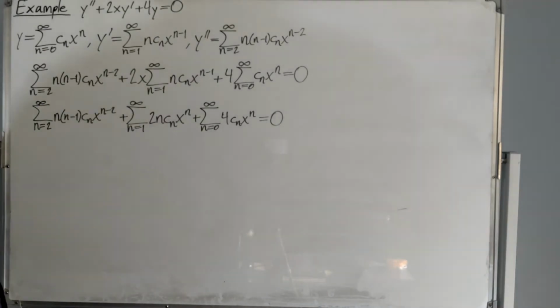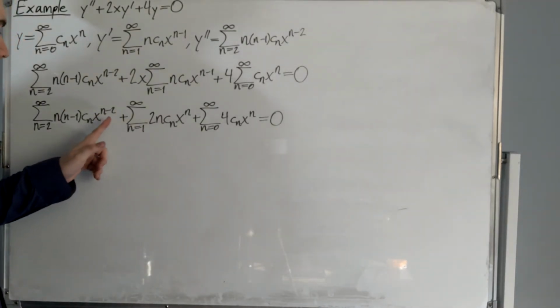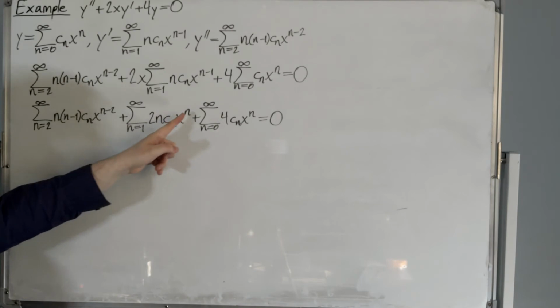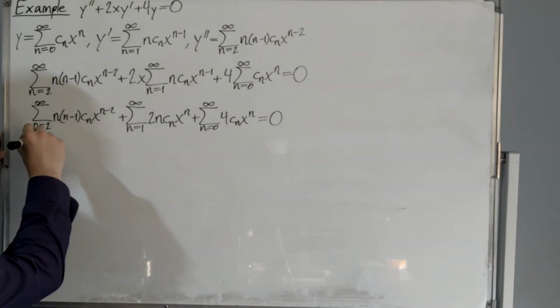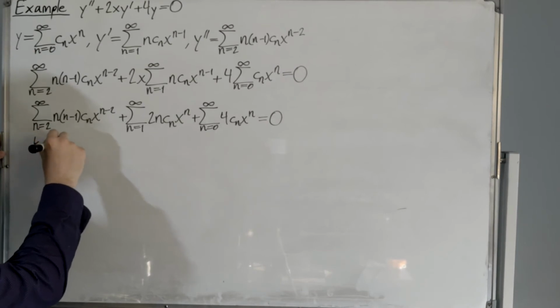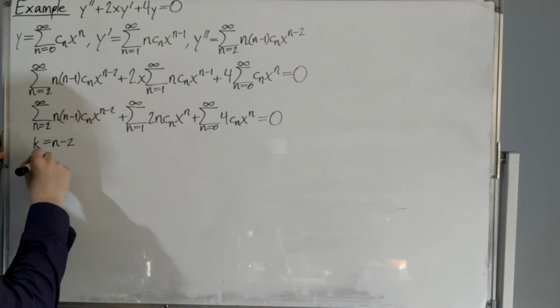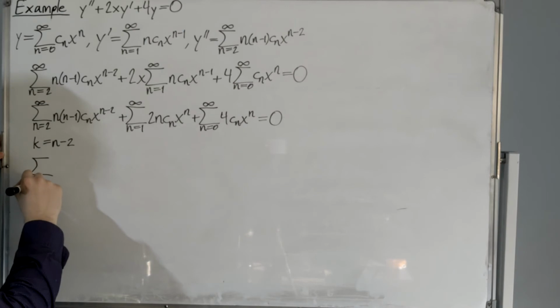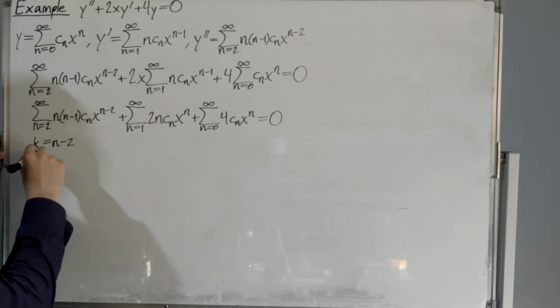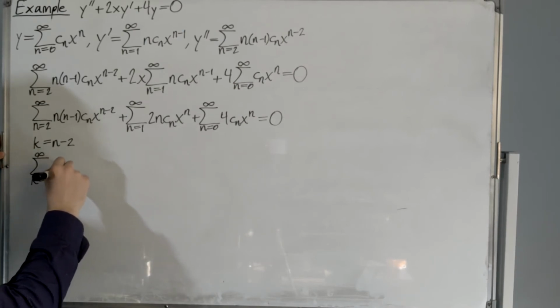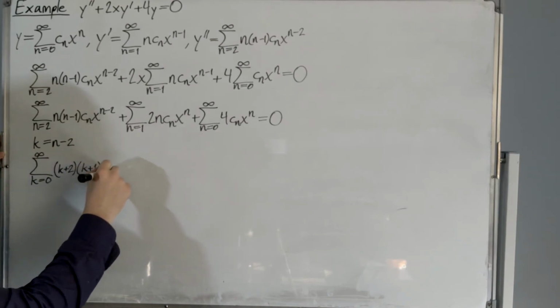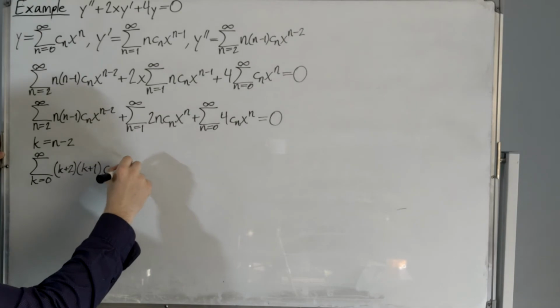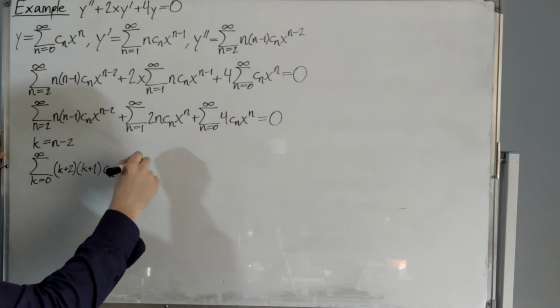So now, once again, we have a problem because this exponent is not the same as these two exponents. So we'll do our change of variables. K equals n minus 2, in which case this first term becomes the sum from k equals 0 to infinity of k plus 2, k plus 1, c k plus 2, x to the k.